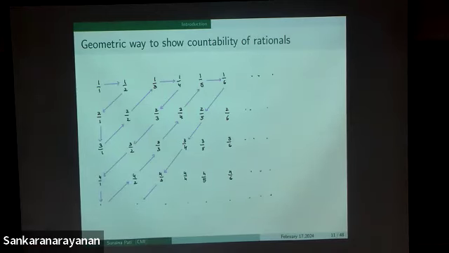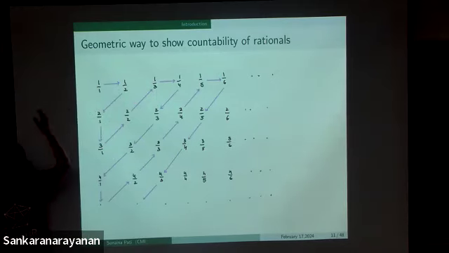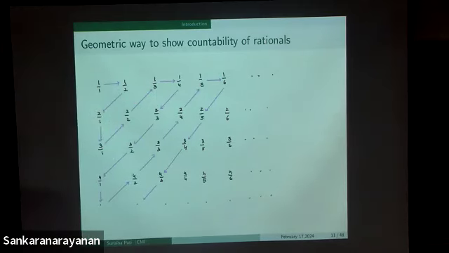Okay, so how to show rationals are countable? This is one geometric way. You essentially write the... yes, correct. So when I know these two rational numbers are the same, I'll just ignore it and move forward.